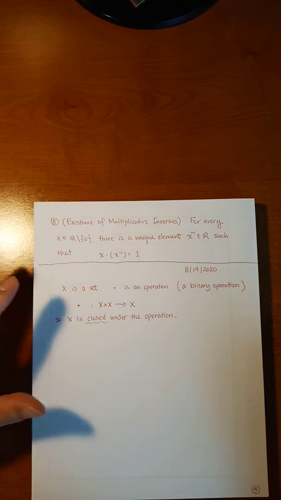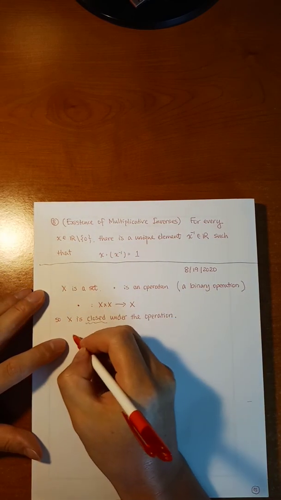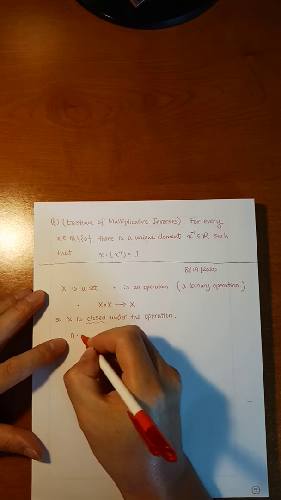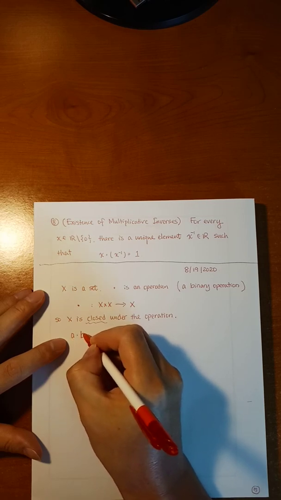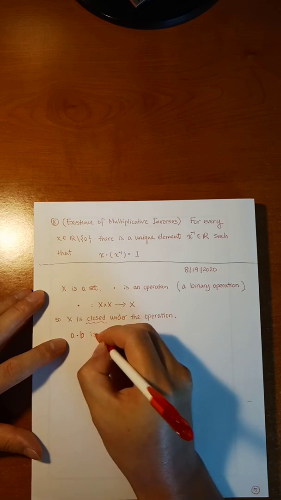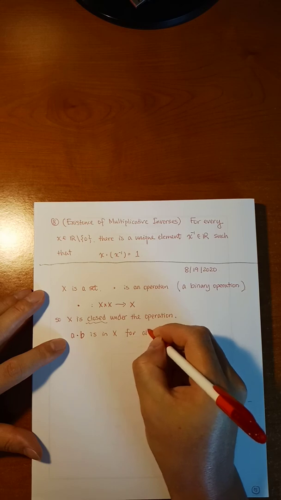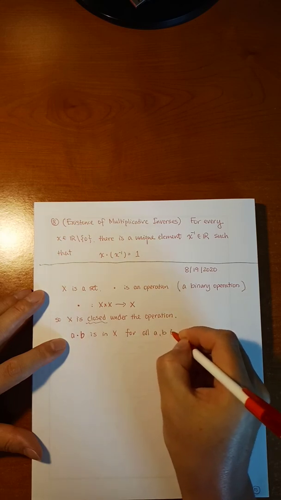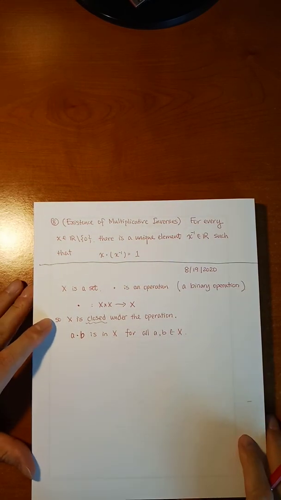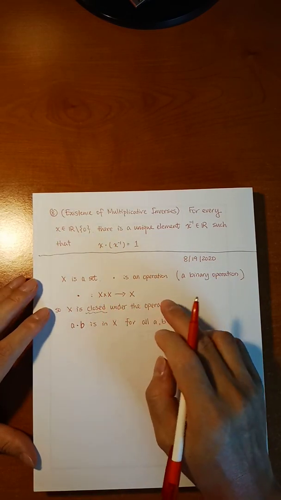The image is still in X. For example, you have a and b, then we write it as a dot b, and a dot b is in X for all a, b in X. So we have a binary operation over X with the image in X.